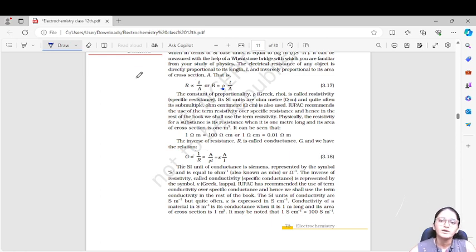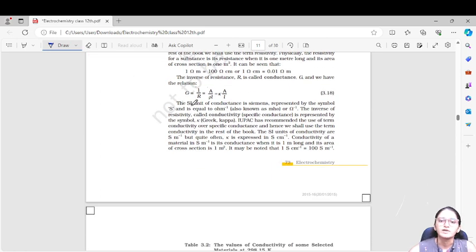Then if I try to write this in terms of conductivity, conductance is denoted by G. So G is equal to 1 by R, that is 1 by resistance. And we know that R is equal to rho L by A. So 1 by R will be equal to what? The A will go above and rho and L will come down.